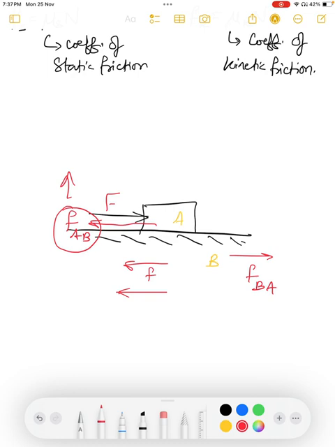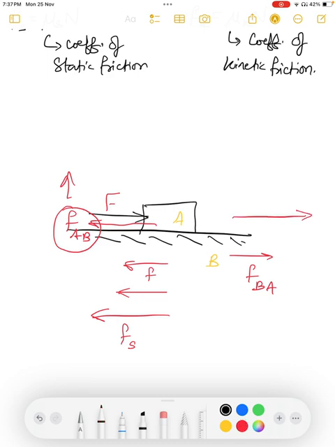Again, you increase the capital F force, still the block does not move. There's still more frictional force. So one point comes where the static frictional force, small f, is overcome. There you observe that the box starts moving.